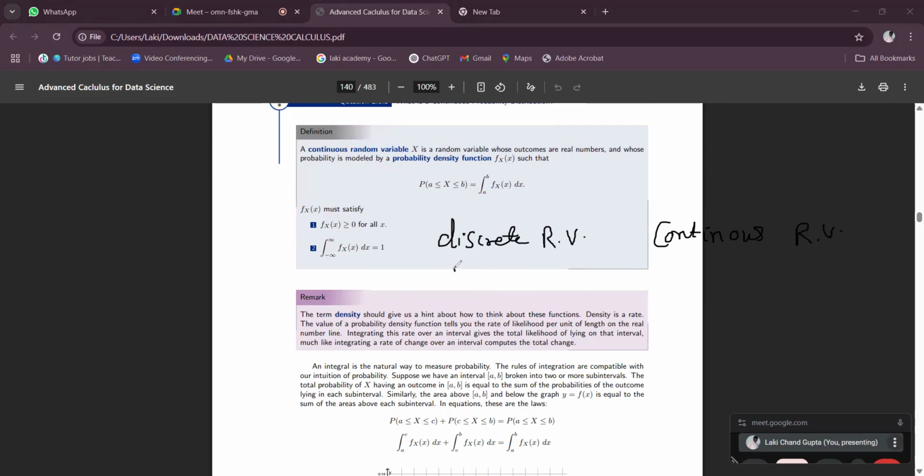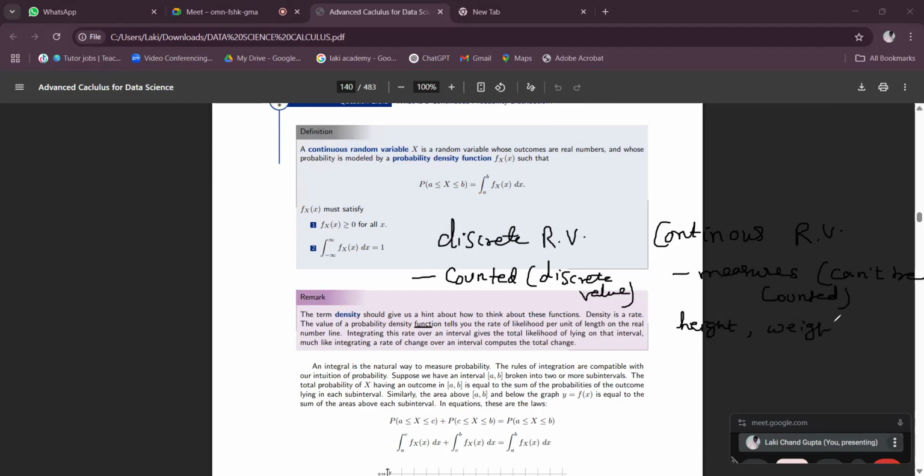What is discrete? Discrete is a thing which can be counted. Discrete value, right? For example, number of men, number of cities, number of coins. And a continuous random variable cannot be counted, it can only be measured. Measure means height, weight, age. Height cannot be counted, height can be measured.